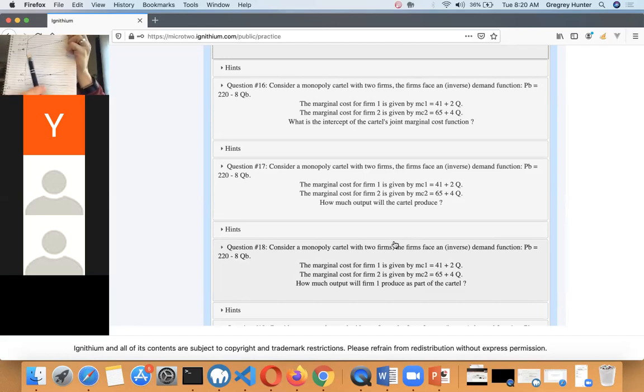The point is that you're going to have to compute both where the marginal revenue intersects with the joint marginal cost function, where they're both producing, and with the low marginal cost one, because you won't know if you have a crossing like this or a crossing like that. Okay.